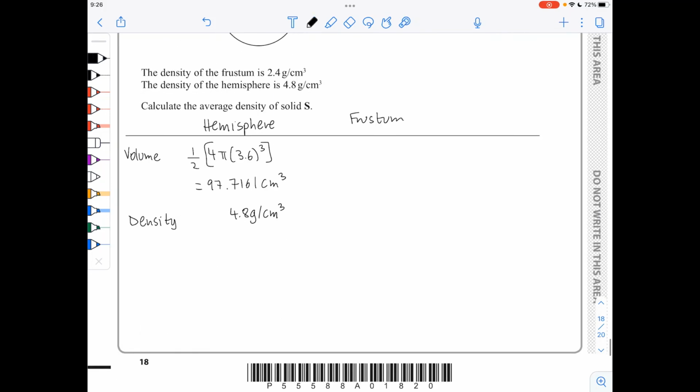So it's going to be a third pi, the radius is 3.6 squared, the height is 6.4, minus a third pi 1.8 squared times 3.2, which is the volume of the smaller cone, and this is 76.0014 cubic centimeters, and the density of the frustum is 2.4 grams per cubic centimeter.